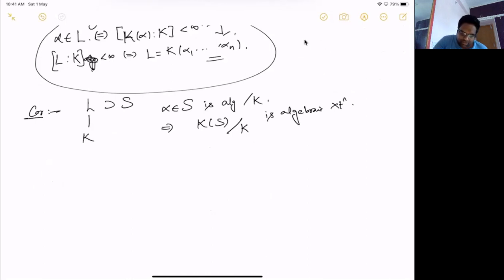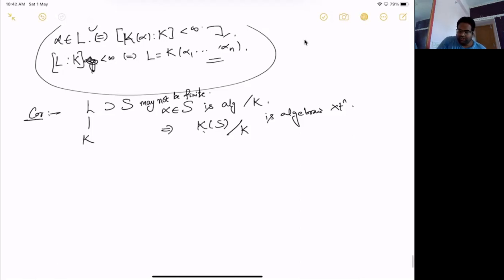S may not be finite. So in order to show that K(S) over K is algebraic, what do you need to show? Pick an element in K(S) and show that it is algebraic.